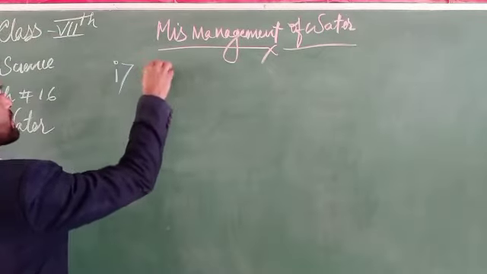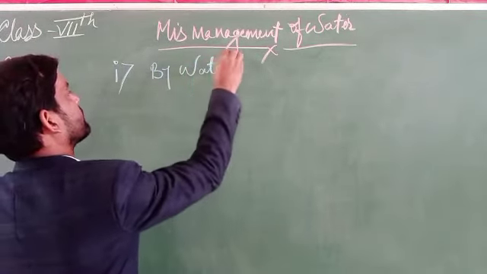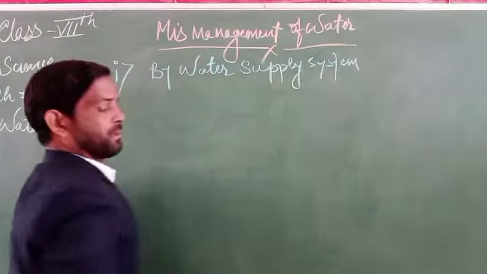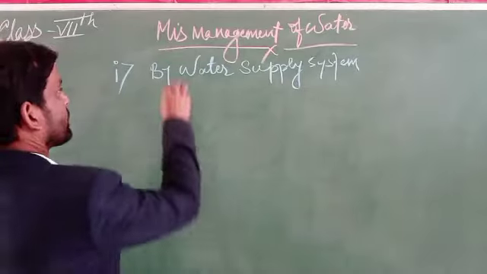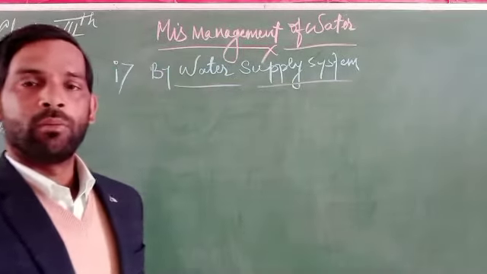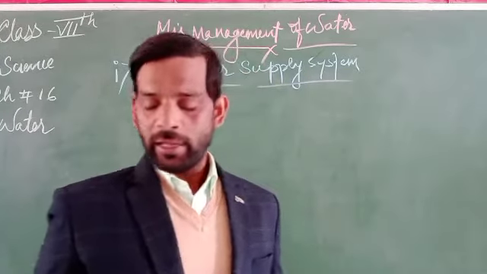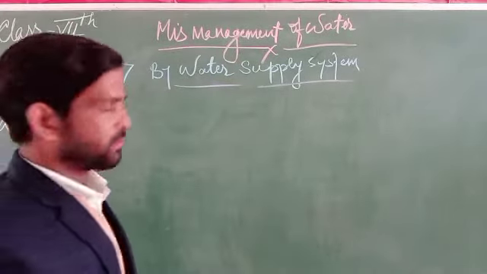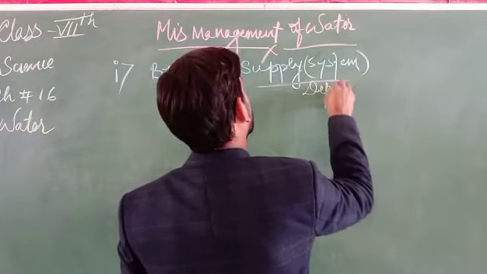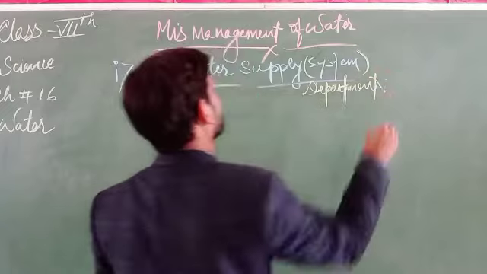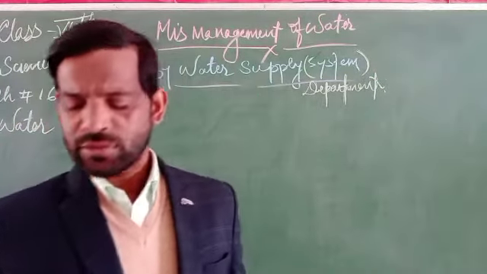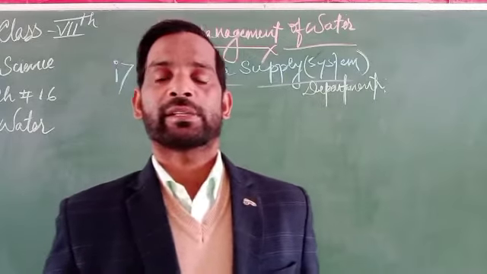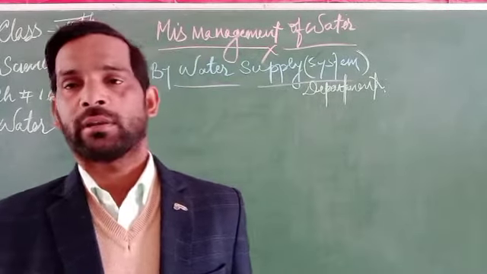It can happen by means of the water supply system. If the water supply system or supply department works in an improper way, most of the time water gets lost or depleted, or leaks somewhere at a very broad level.